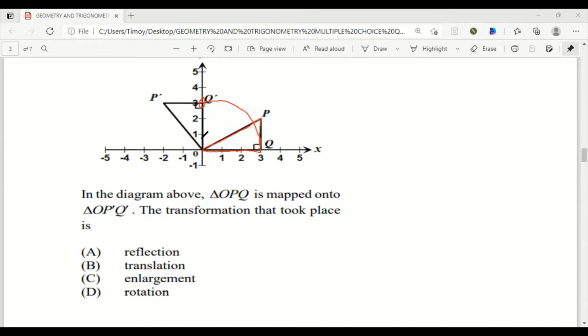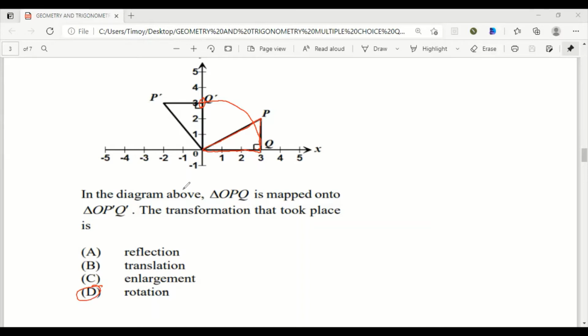And we know that the quadrants are divided into 4 quarters. So that has to be a rotation of 90 degrees there. So therefore, the transformation that took place is a rotation. Because if it was a translation, then it would just be a slide.